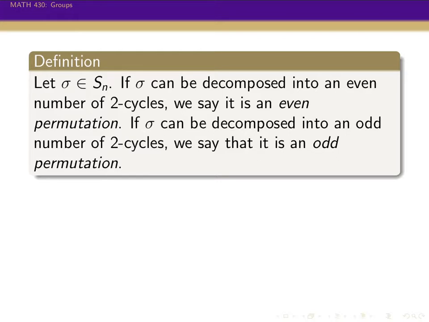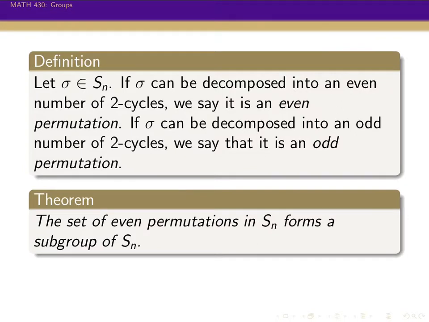And so this evenness is an inherent property of the permutation. And so we're then going to call it an even permutation. Now, if sigma, on the other hand, is decomposed into an odd number of 2 cycles every time, then we're going to say that it is an odd permutation.